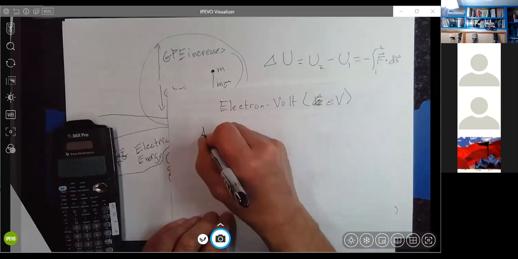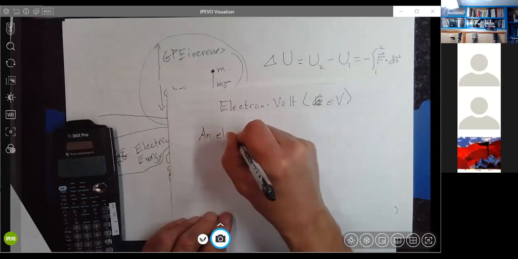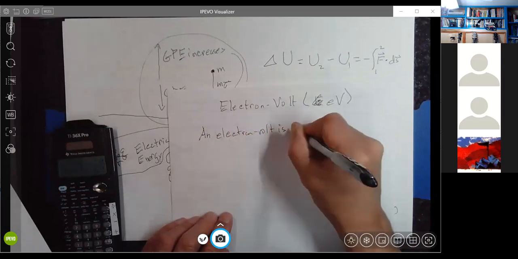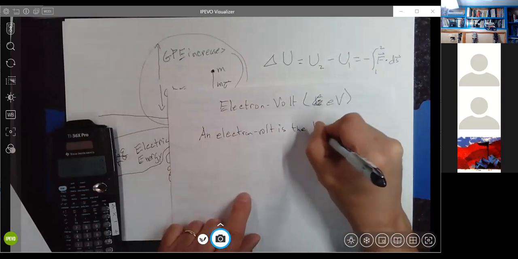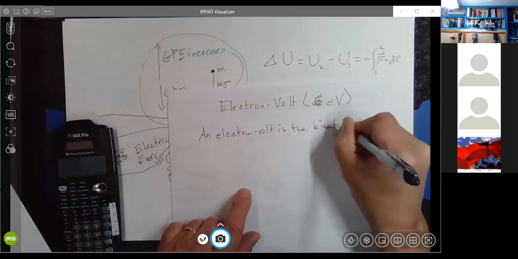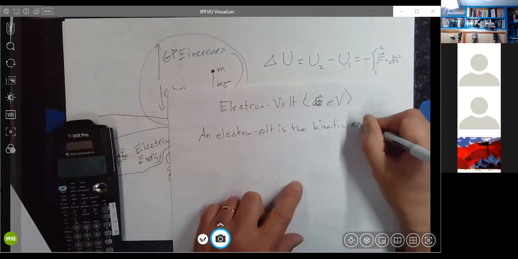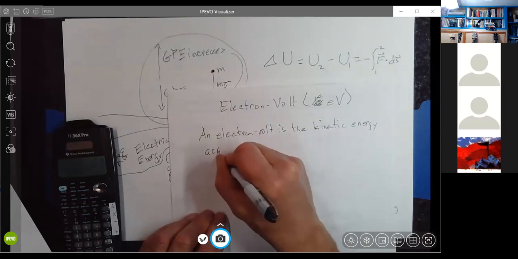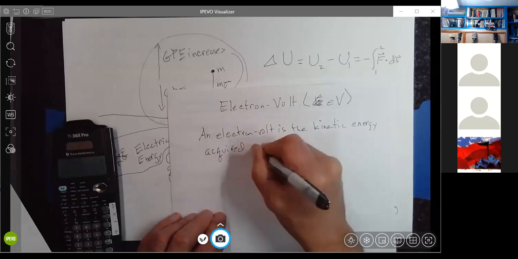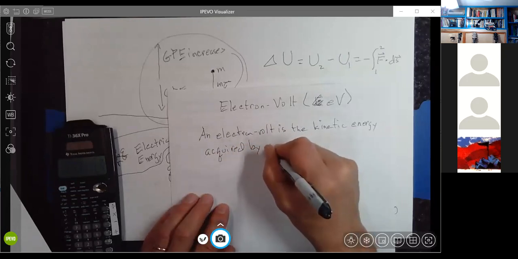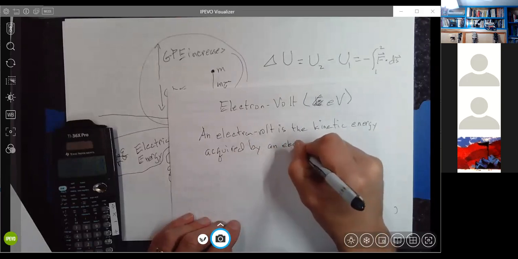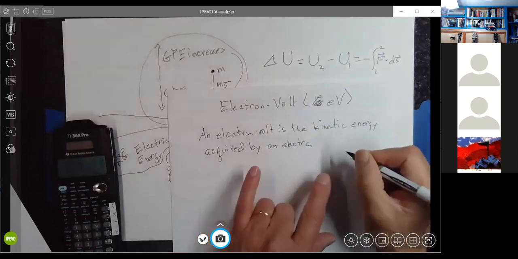And an electron volt is the kinetic energy, this is a definition of it, acquired by an electron, and it doesn't have to be an electron. It could be anything with the same charge as an electron, but electron's easiest to think of.